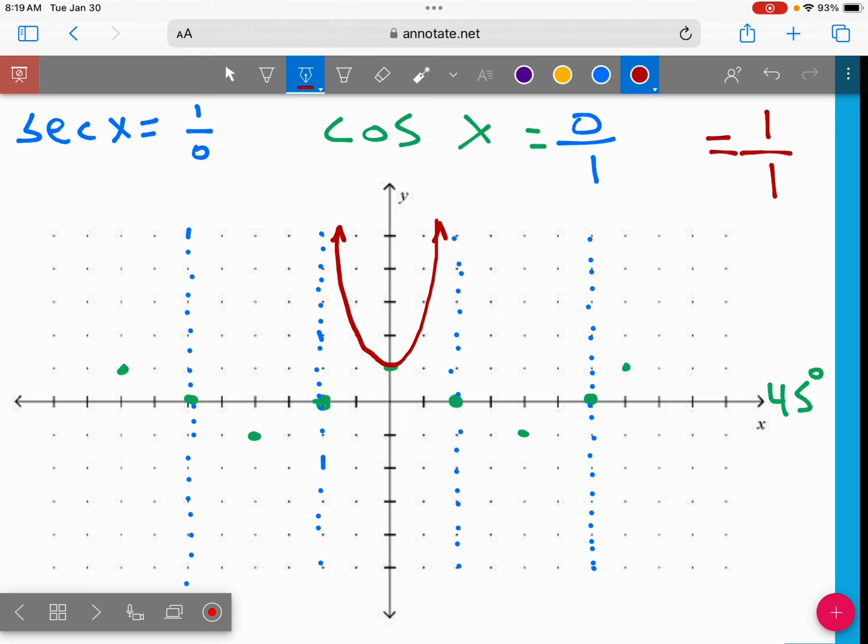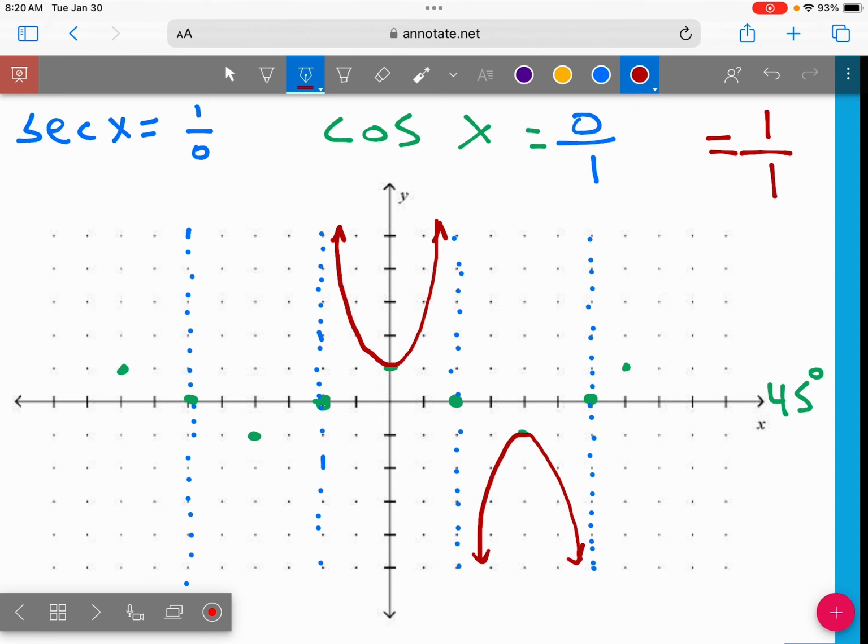So then for the positive points, or the top of cosine, our secant is just going to come down and get to y equals 1, and then go up positively in both directions. And then at the bottom points, it's just going to flip on us, just like that.